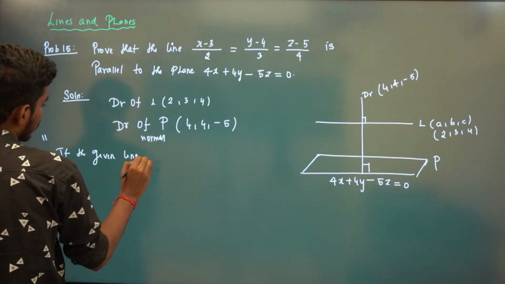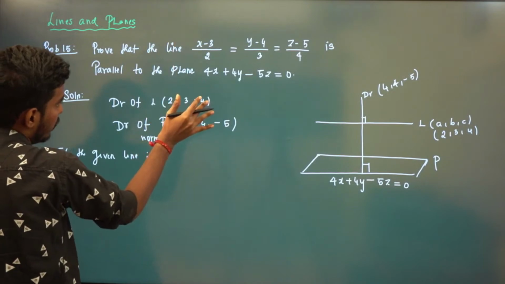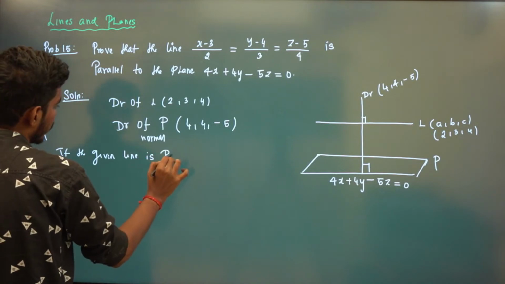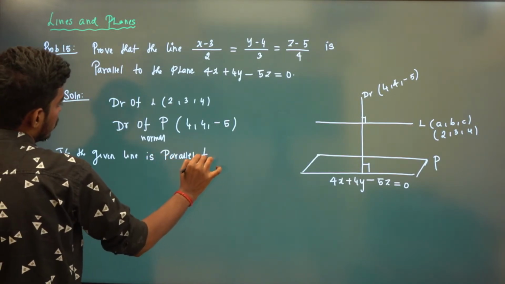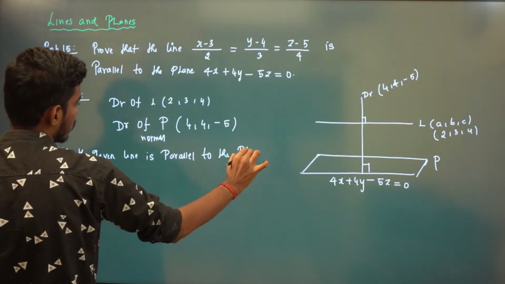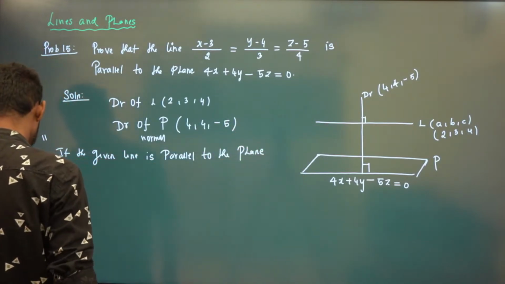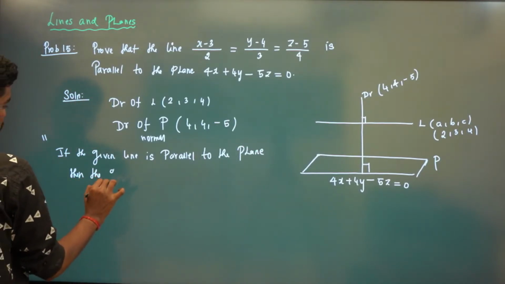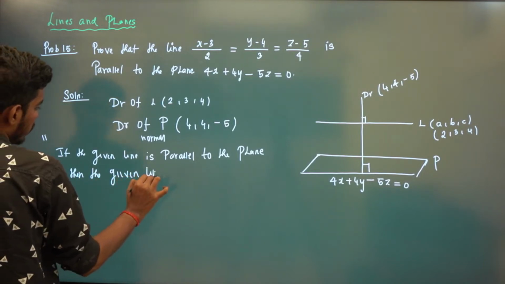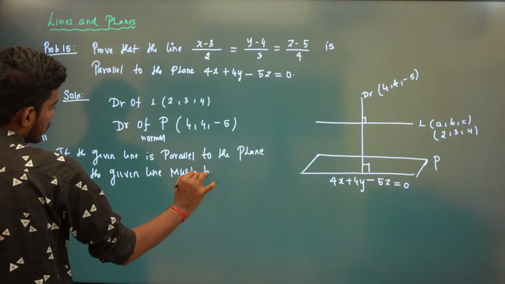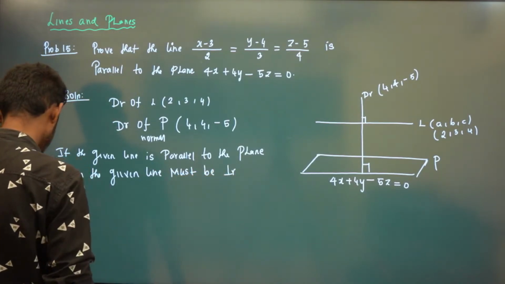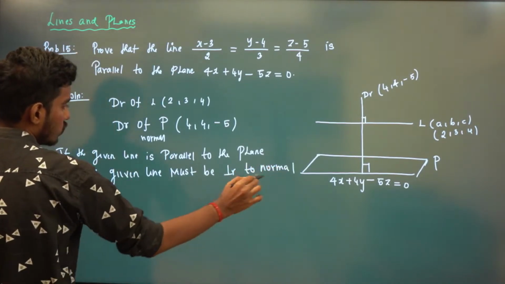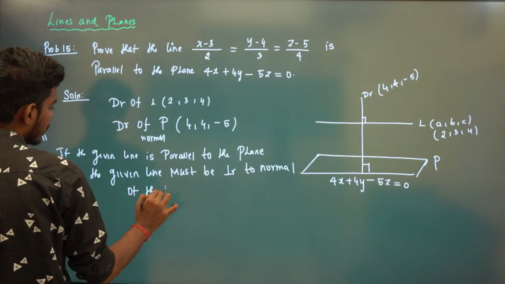If you have a line and a plane and you need to show it is parallel, make use of this: if the given line is parallel to the plane, then the given line must be perpendicular to the normal of the given plane. Yes or no? Very simple.